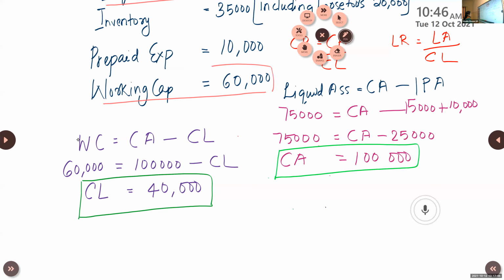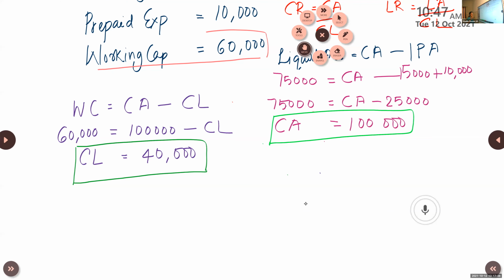If completed, give the answer in the chat box or unmute and say the answer. Please practice these questions because the same question can be asked and you will have to pick the right answer from the options.